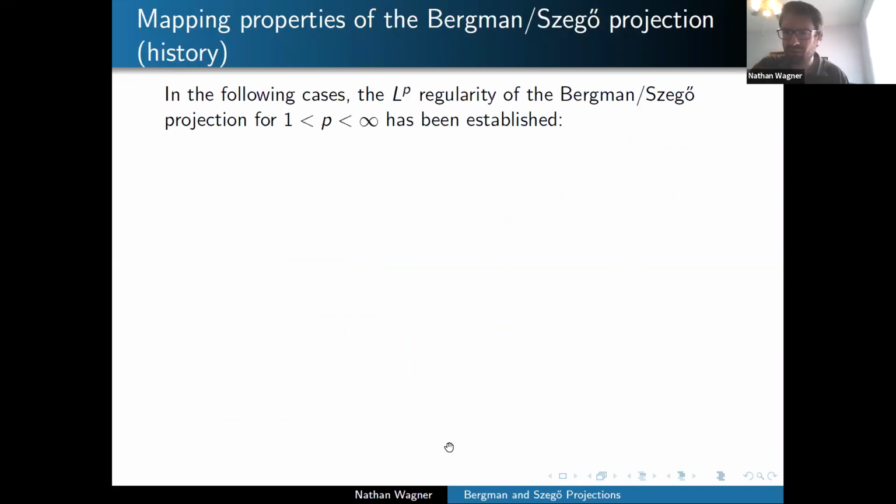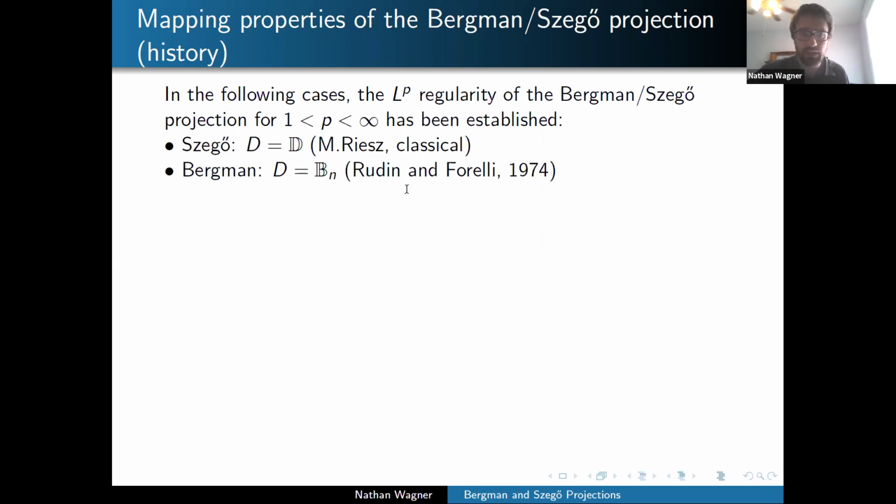So let's just talk about what's been established for the L^p regularity of these operators on various domains. So in the case of the Cauchy-Szegő projection, we already talked about this when the domain is the disk, or I guess the circle, if we're looking at the boundary. This was done, I guess, first due to Riesz, and it's a classical result.